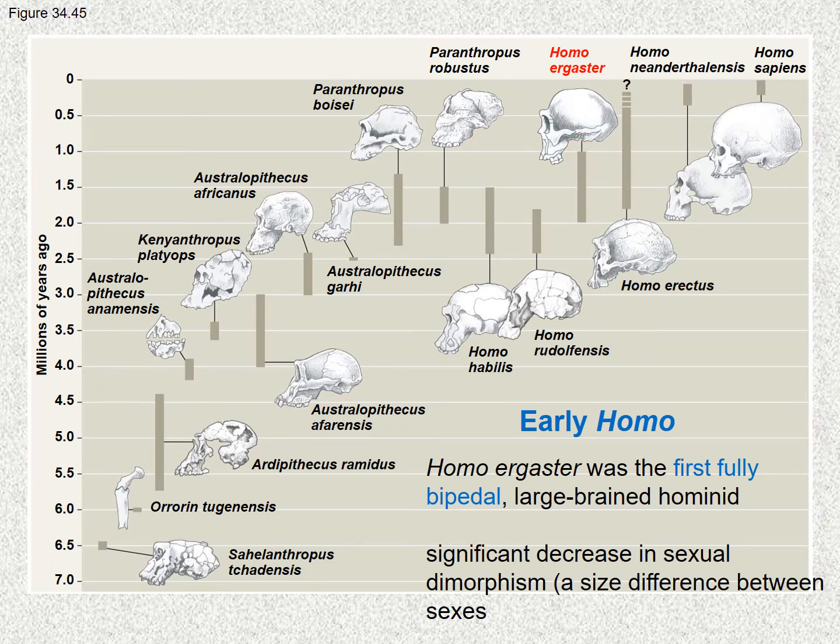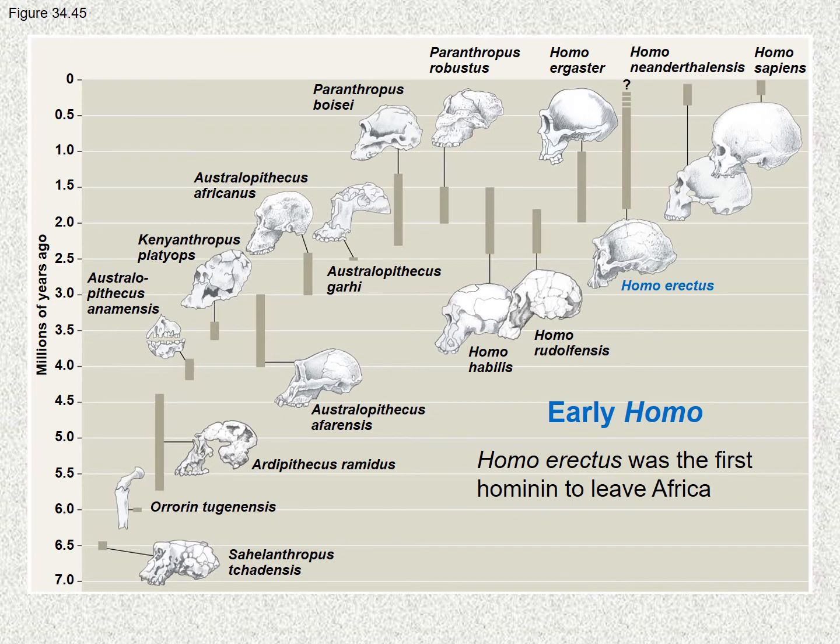So this means that there are different sizes between the sexes. Homo erectus was the first hominin to leave Africa, as evidence suggests. And this is typically done by DNA sequencing of mitochondrial DNA, tracing the maternal side, and combining it with the paternal on the Y chromosome.